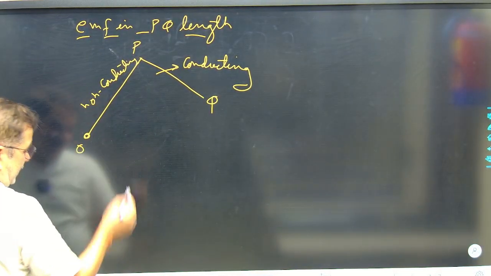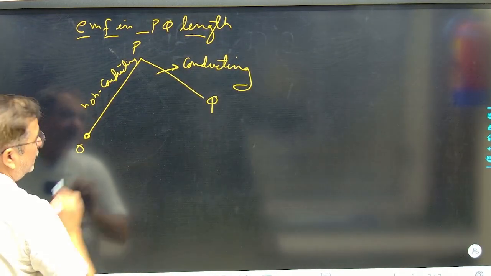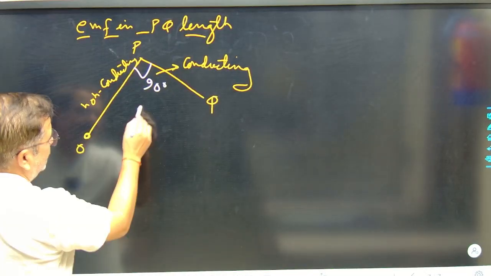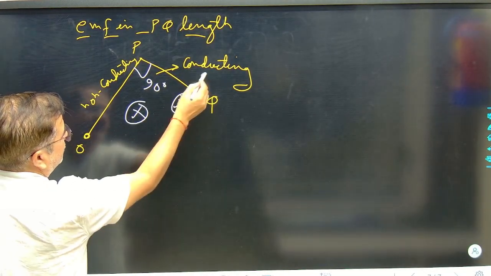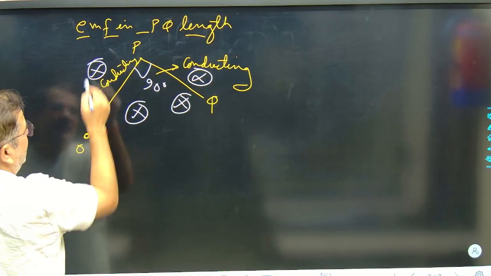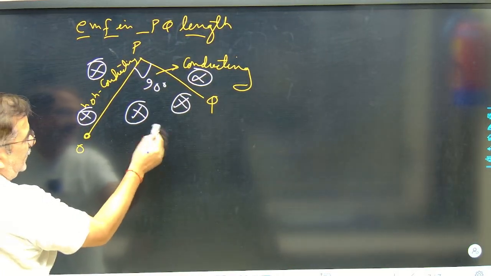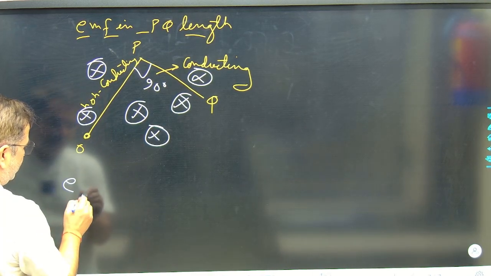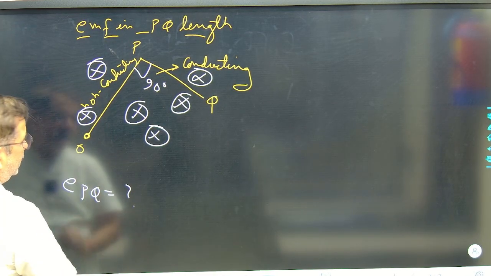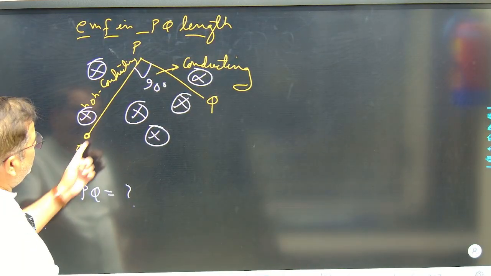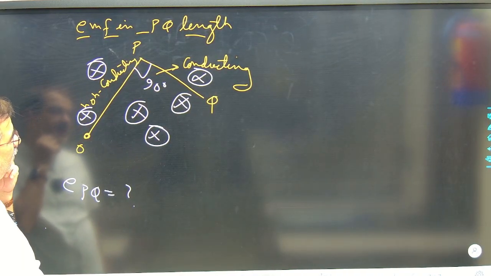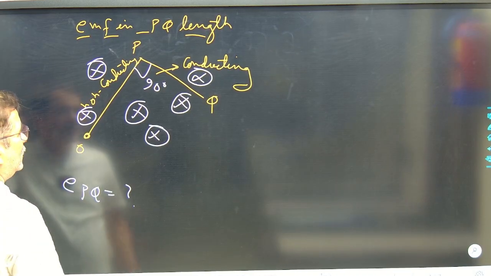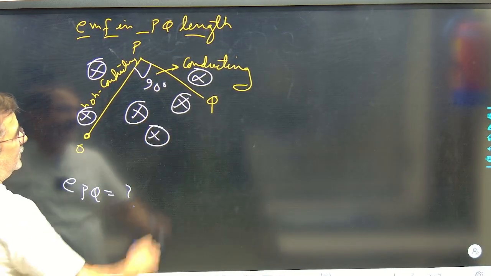This rod arrangement is rotating, and the conducting and non-conducting parts are at 90 degrees to each other, and there is some field present in this direction. Correct? Now, if I have to see only the EMF in the portion PQ, first of all, the length OP is non-conducting and this length is conducting.